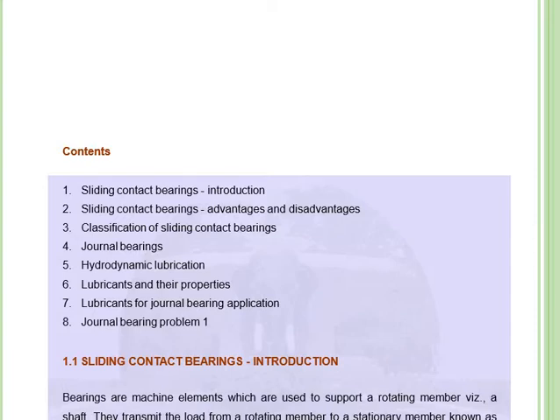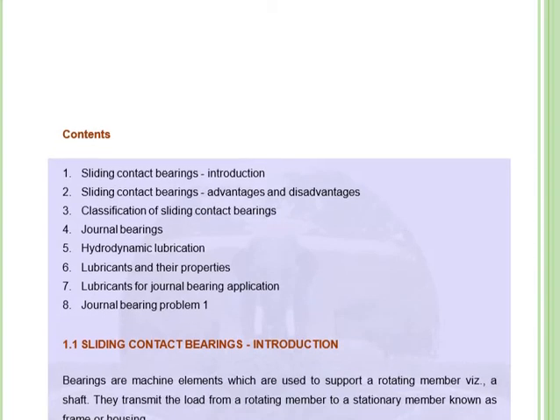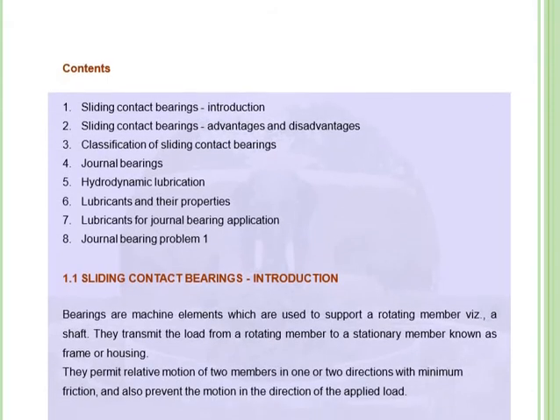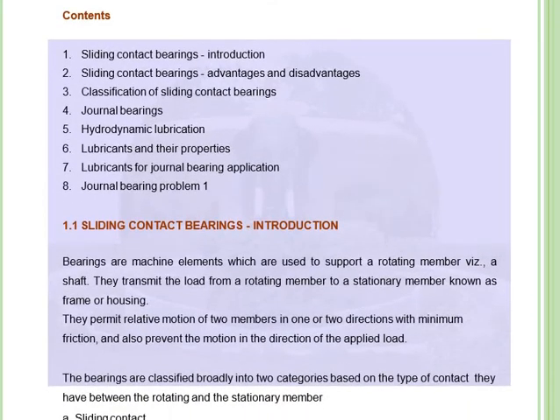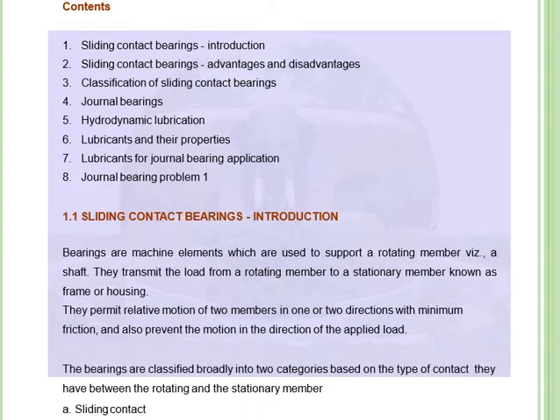We will see that. A bearing is a machine element, and it is used to support a shaft, whether it is a rigid or rotating member.